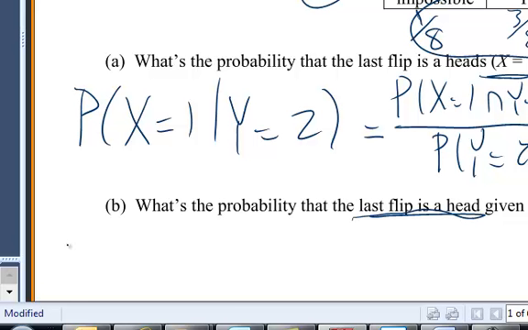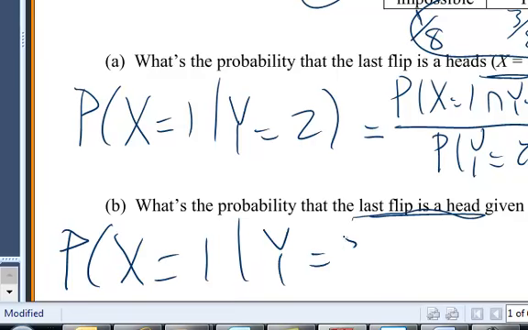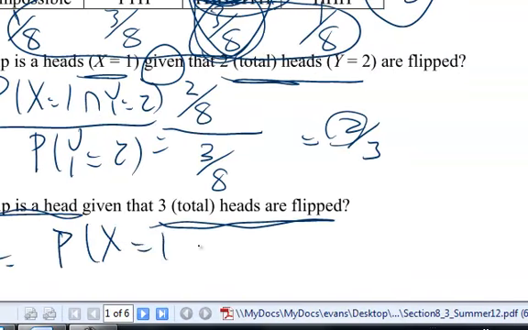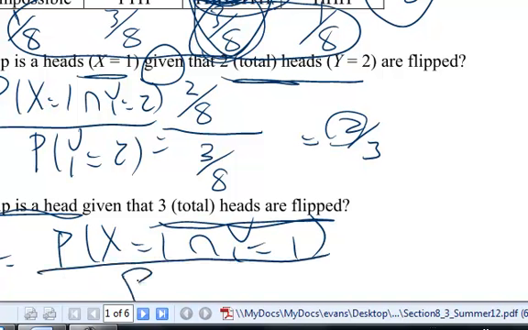So what's the probability, let's write it out this way, that the last flip is a head given y is equal to 3. So this is the probability that x equals 1 and y equals 3 over the probability that y equals 3.